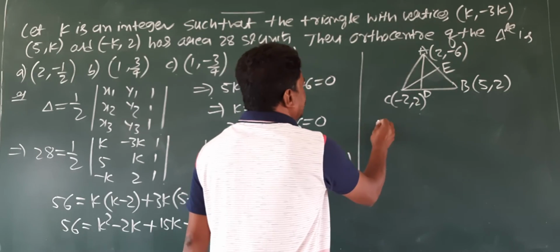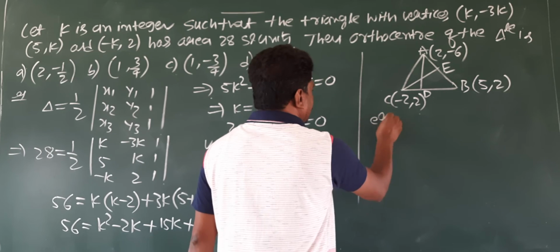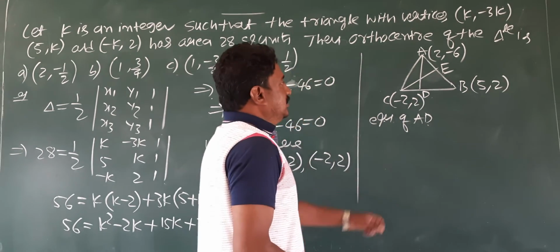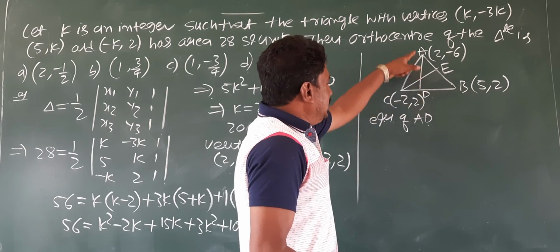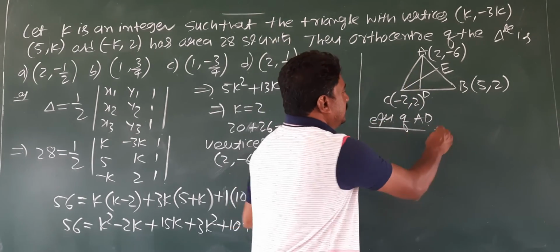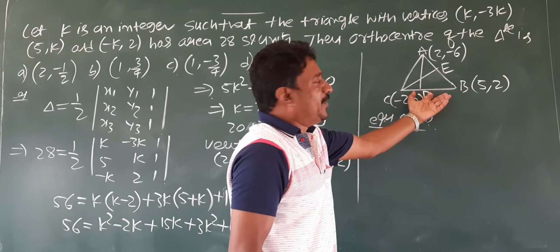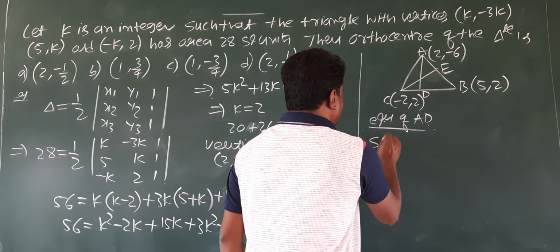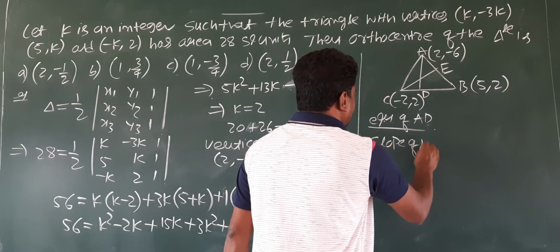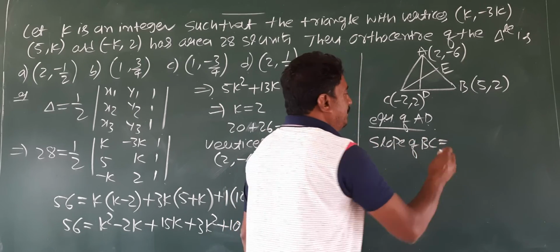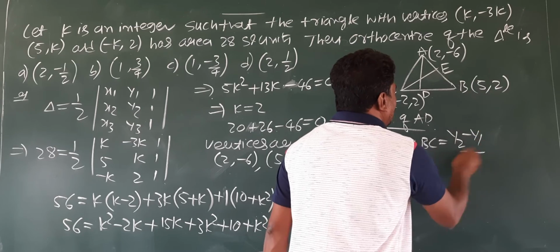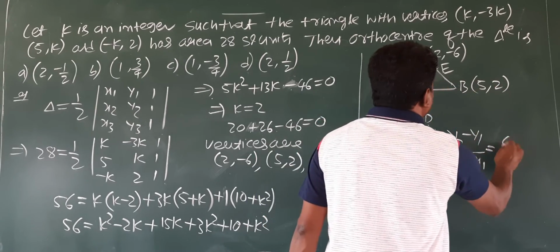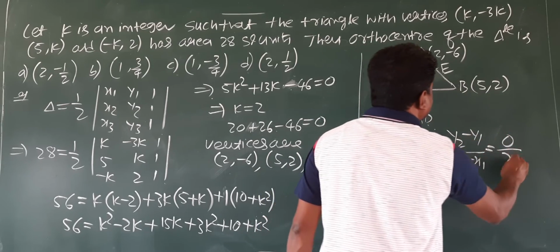Equation of AD: look at this, students, I find the slope of BC. Slope of BC is y2 minus y1 by x2 minus x1, which is 2 minus 2, 0, by 5 plus 2, 7.